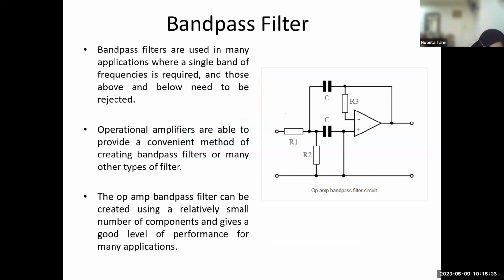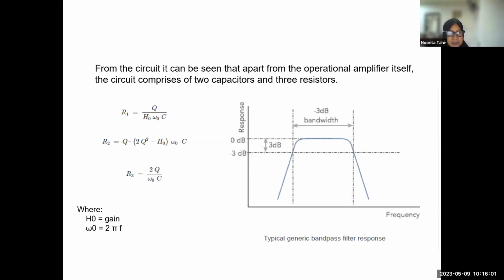Normally we can create an op-amp band pass filter using a very minimal number of components, with two capacitors, 3 resistors and 1 op-amp. We can already have our band pass filter that can be used in several electronics applications.